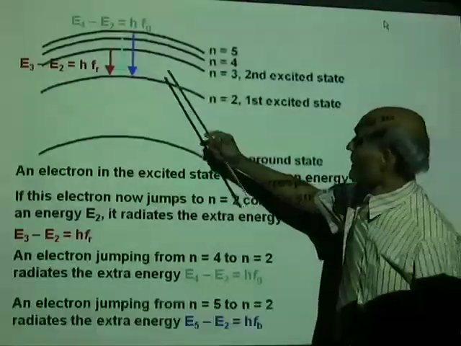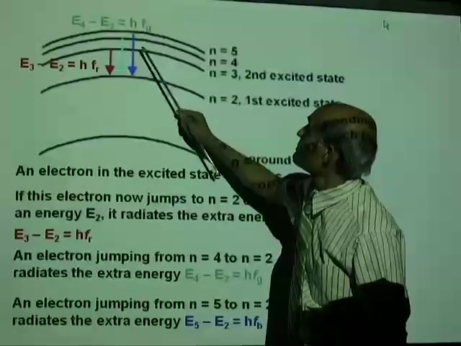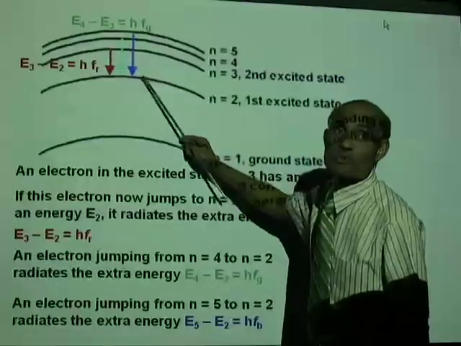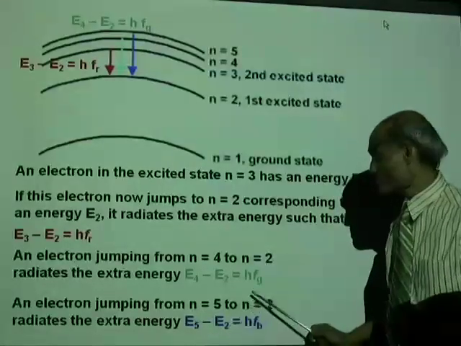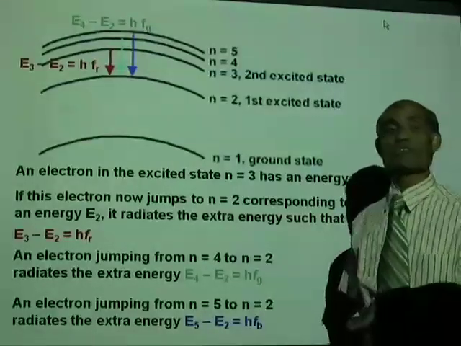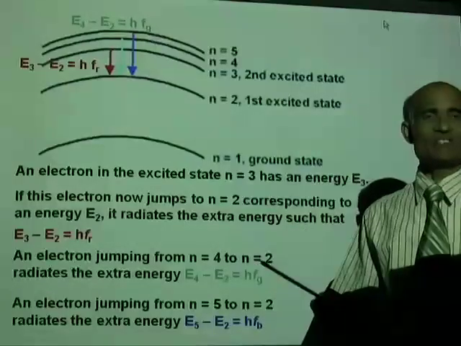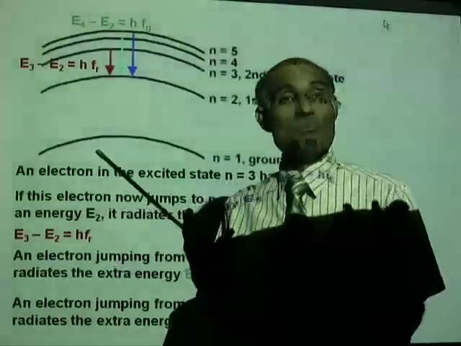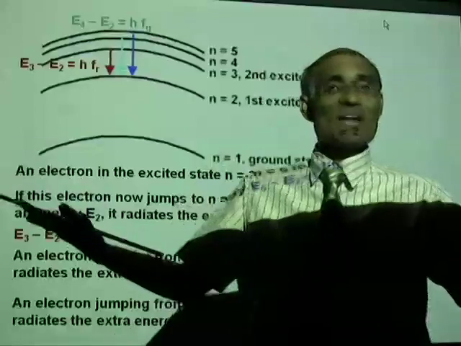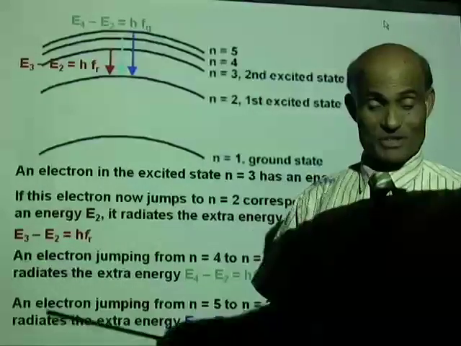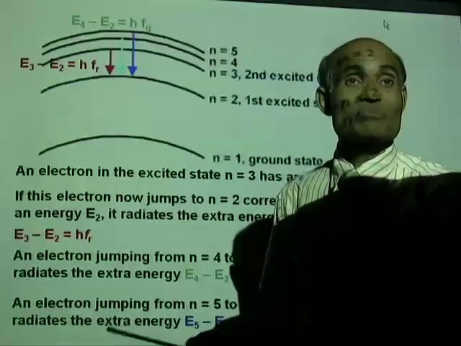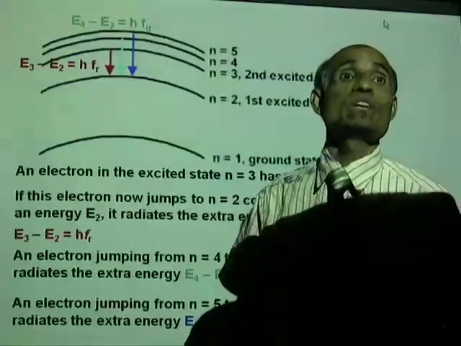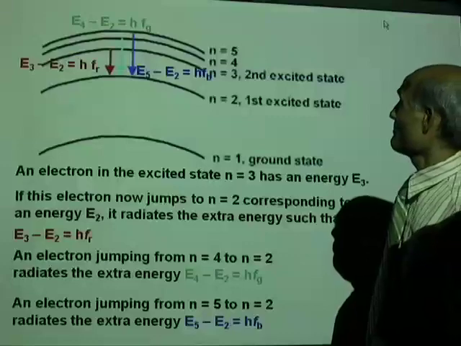Similarly, an electron jumping from n equal to 5 to n equal to 2 will give out energy E5 minus E2 equal to h times the frequency of the blue radiation. Now, look at the way Bohr's model is able to explain the observation. So, any model of the atom that we put forward must be able to explain all these observed phenomena.